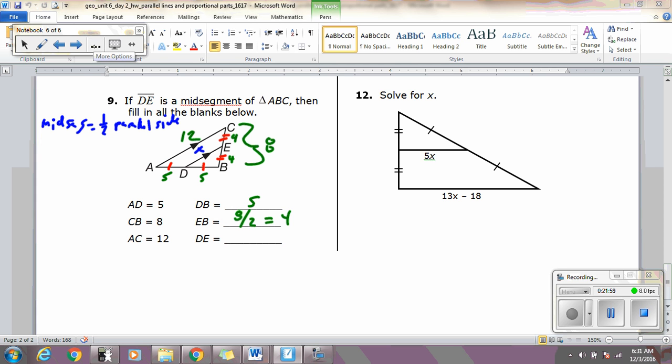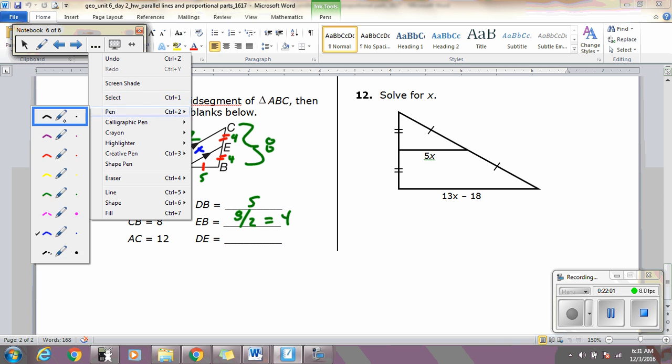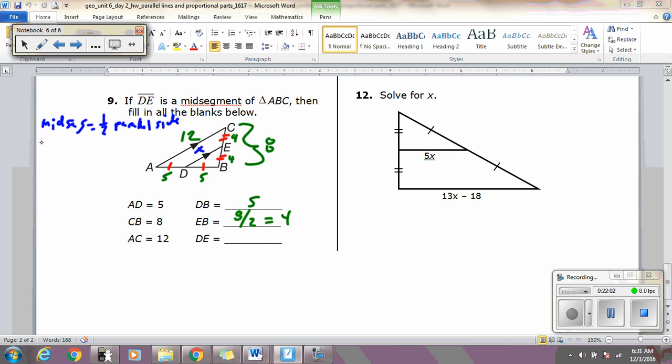So in other words, ED or DE, our midsegment, is equal to 1/2 of AC. And we have AC. So we would take 1/2 of 12, and half of 12 is 6. So DE is 6.